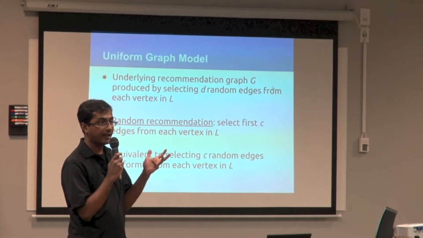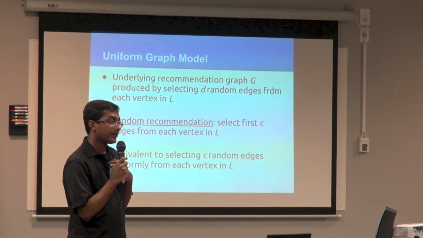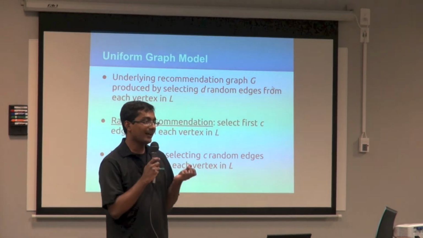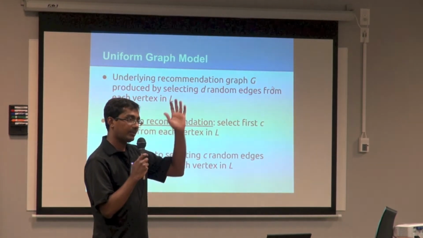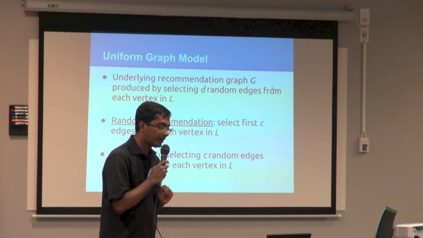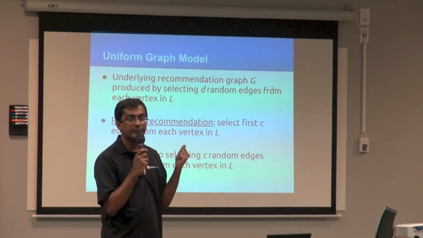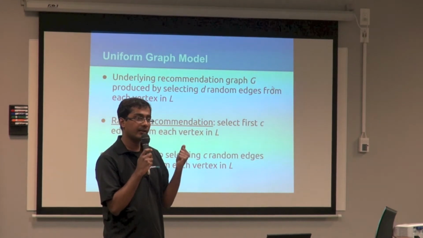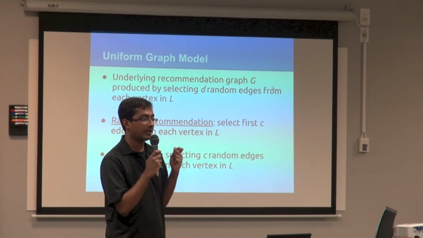Okay, so that's the underlying graph. Every vertex picks d random edges, and my algorithm is just going to pick C out of the d edges arbitrarily. It's just going to literally pick the first C edges. You're done. Okay, so that's the graph we are looking at. We're looking at a bipartite graph. Every vertex on the left has C degree, and you're looking at how many videos got unrecommended, not even recommended once.